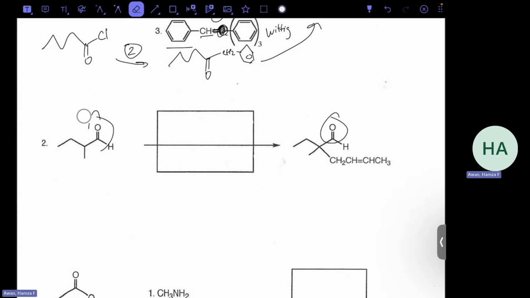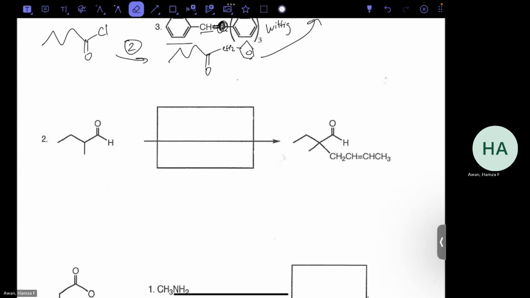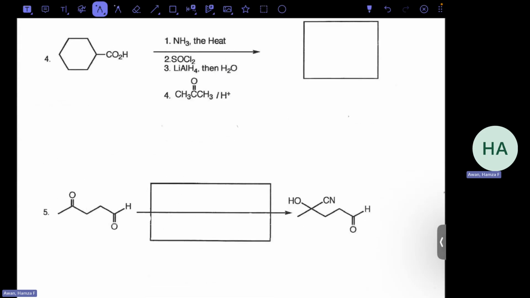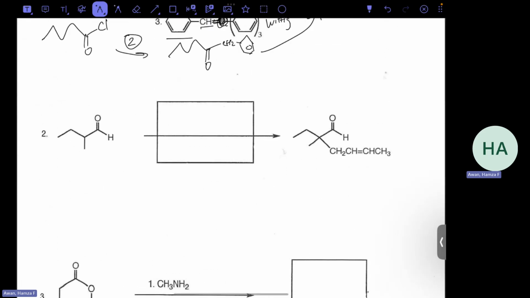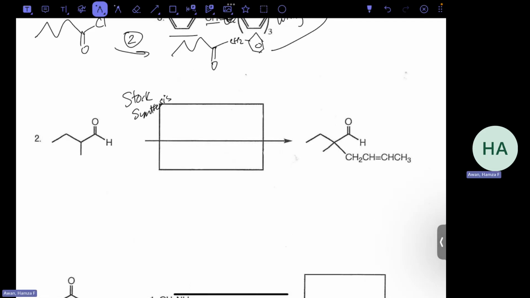It becomes a carbonyl again, right? I get that we have a geminal diol question. As soon as we get to it, I'm sure I can remember. So this is Stork synthesis, right? So in Stork synthesis, what we want in the first step is a secondary amine.